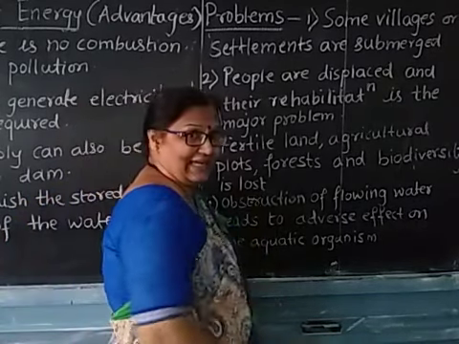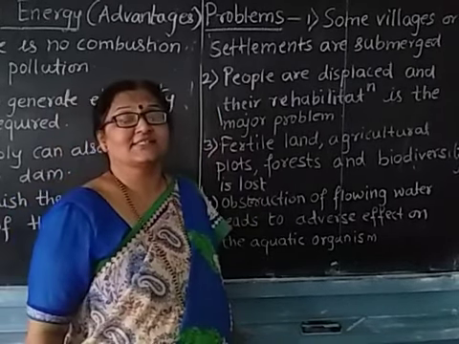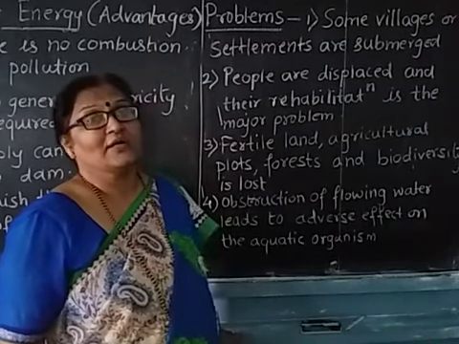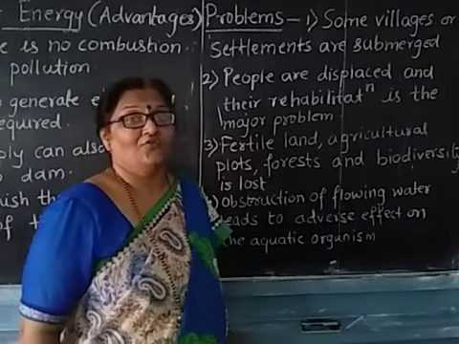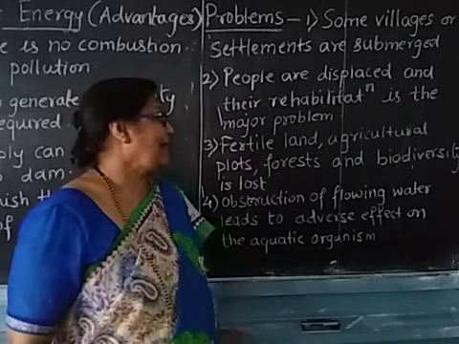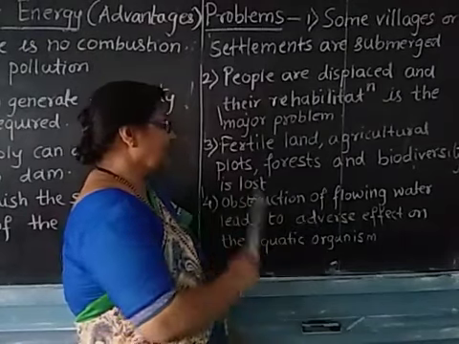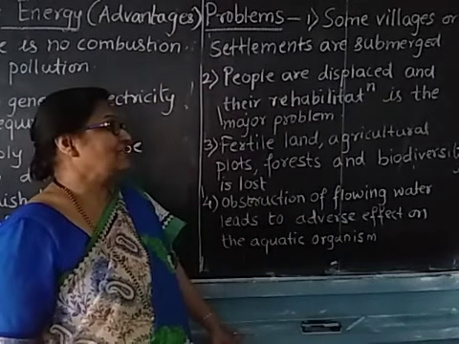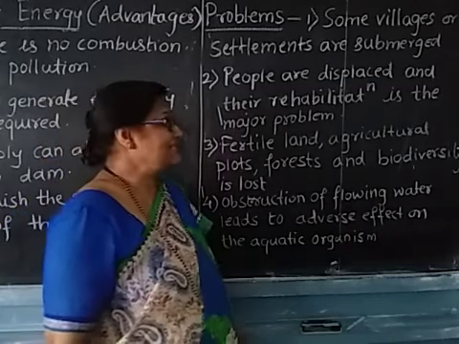Now fertile lands, whenever you see that there are fertile lands across these rivers, whenever the dam is created, there will also be backwater of this dam, and due to the backwater, what happens? The fertile lands or the agricultural plots, or you can say the forest or the biodiversity, all these things are lost.